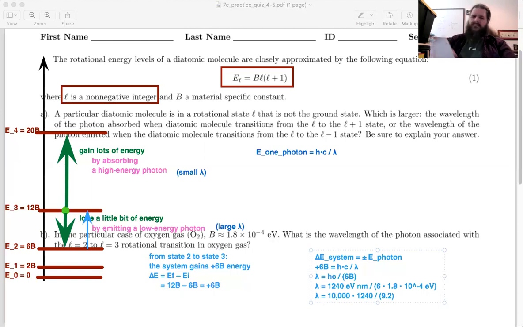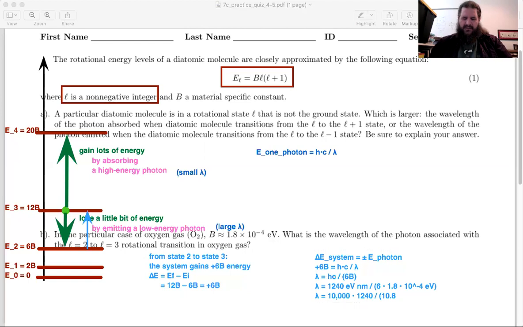Let me use a calculator for that. Oh, 10.8. And then we're going to divide 1240 by that value, 1240 divided by 10.8.